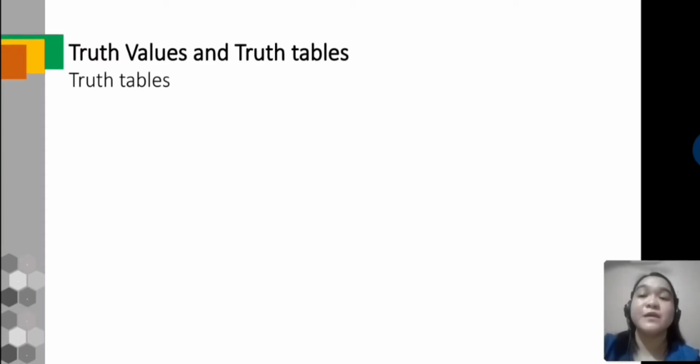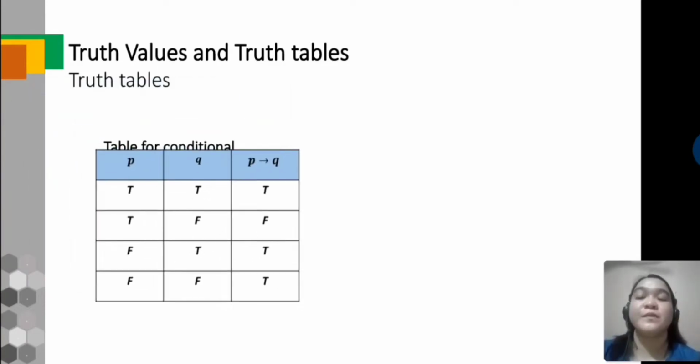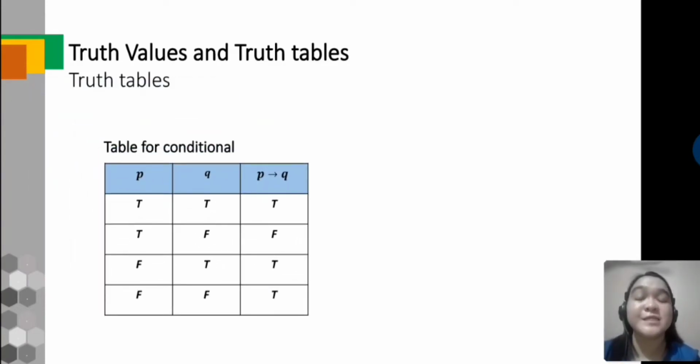Next, we have the table for conditional. Our P here is the hypothesis and our Q is the conclusion. Our P implies Q. So if P is true and Q is true, P implies Q is true. If P is true and Q is false, P implies Q is false.